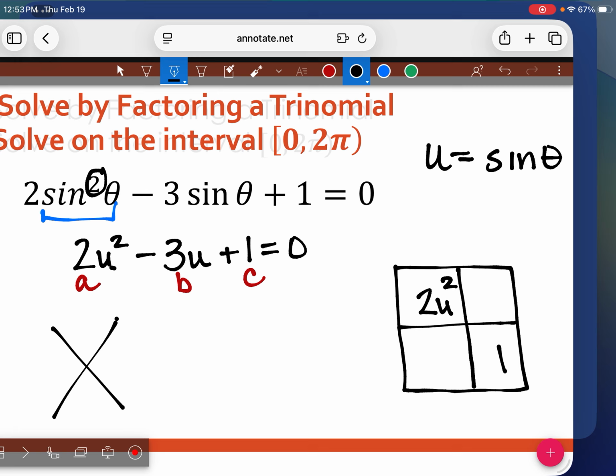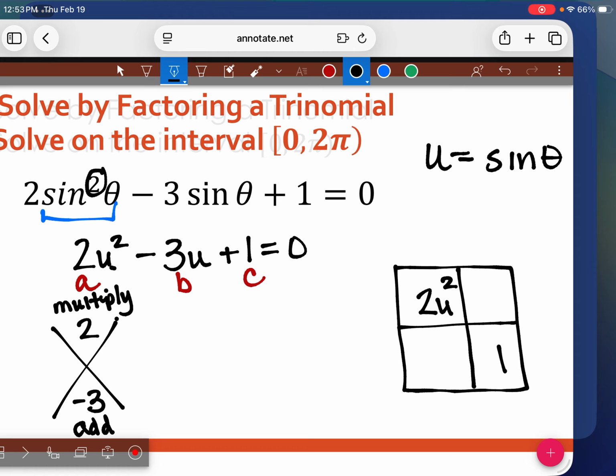On top of the x, we have 2 times 1, which is 2. And on the bottom, we have a negative 3. So you need to tell me 2 numbers. And this is the only time I'm going to go through the steps to factor. This is something that you need to know how to do at this point. You need to tell me 2 numbers that multiply to be a positive 2, but add to negative 3.